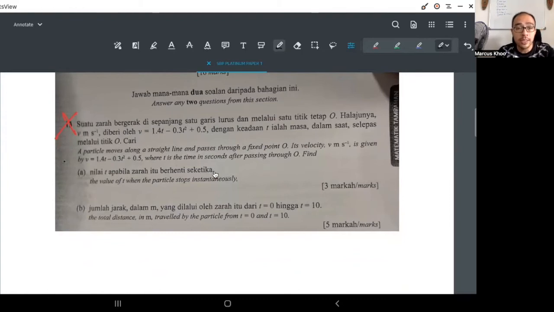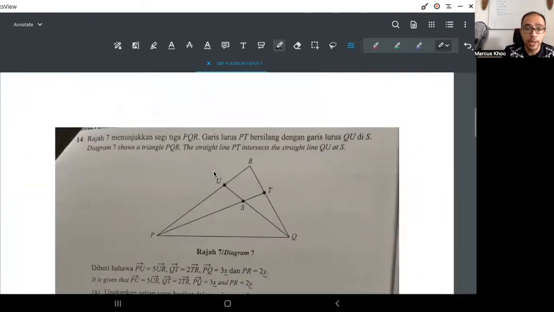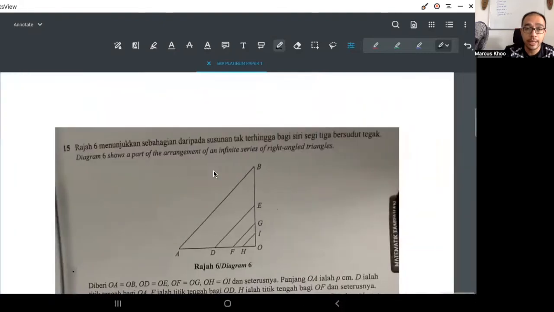So the answer for A is t equals 5. For this one, S equals 40 meters. Okay, the total distance is 40 meters. In case you want to try this question, you can try it, but I won't be focusing on this question.